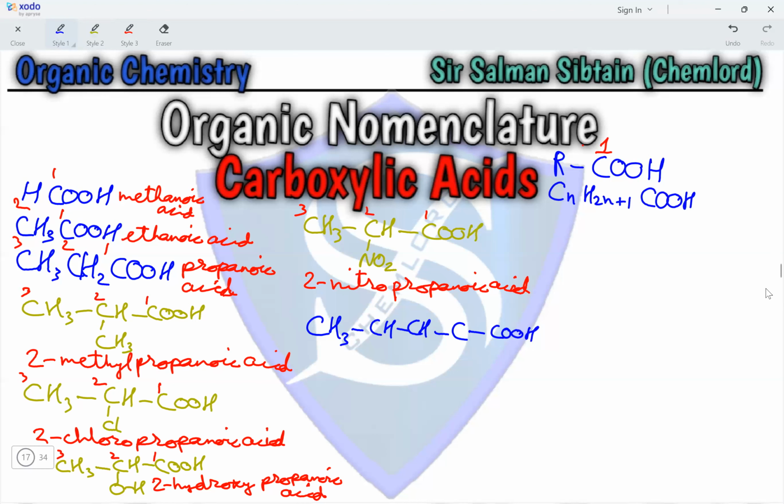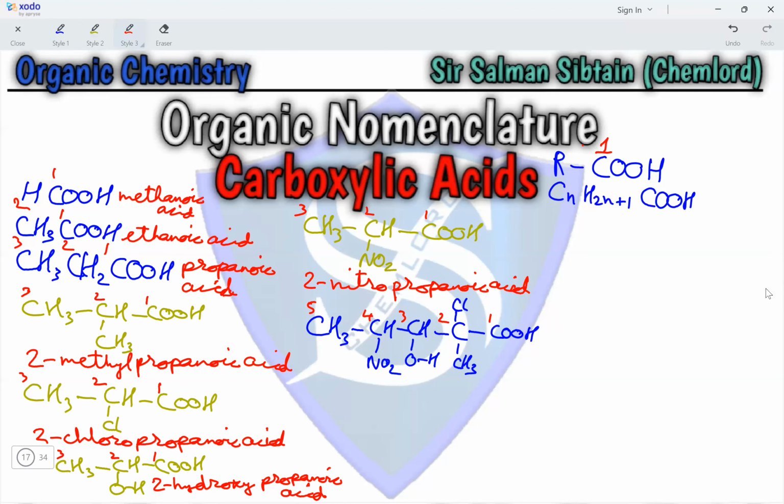So randomly placing different substituent groups, let's place an OH group here, a Cl group here, a CH3 group here, and an NO2 group here. So numbering this compound would be 1, 2, 3, 4, and 5. So this would be a 5 carbon carboxylic acid. So it would be called pentanoic acid.